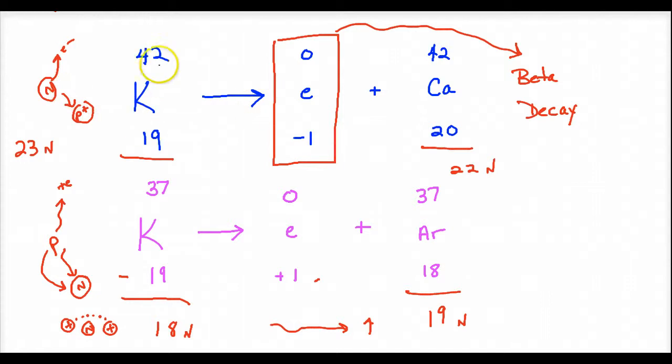So here, the atom fixed itself by adjusting its proton to neutron ratio by what? Essentially, losing a neutron and converting it into a proton. So the proton number increased and the mass number, of course, stayed the same, but we changed a neutron into a proton.